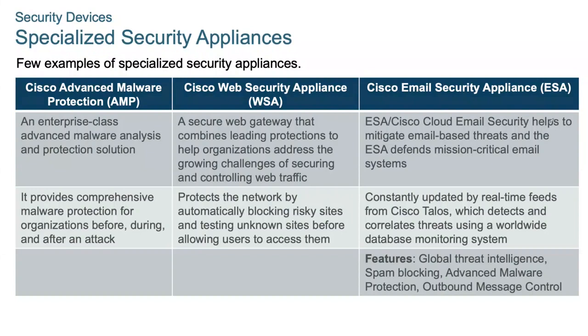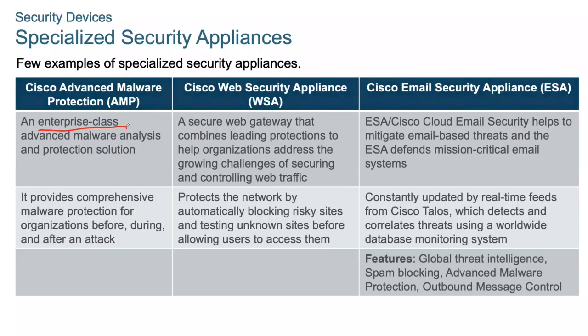This AMP, the Advanced Malware Protection, is an enterprise-class advanced malware analysis and protection solution. It provides comprehensive malware protection for organizations before, during, and after any attack inside the enterprise.